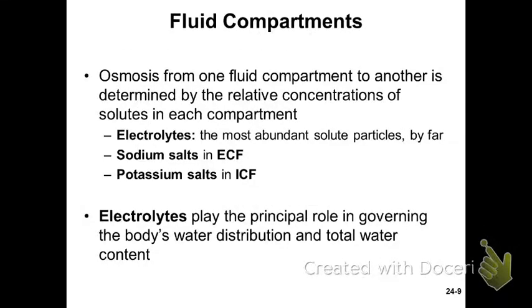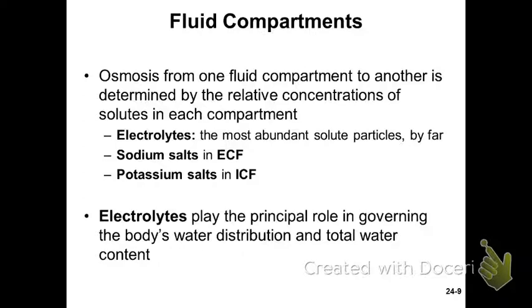Now, as water is moving, as I just mentioned, what is it that's drawing the water? And those are the solutes, all those other molecules. Now, by far, when we think about solutes, the most abundant of the solutes are the electrolytes, things like sodium and potassium and calcium and chlorine, the chloride ion. And what you need to remember right now and for quite a while is that in the extracellular fluid, by far the most abundant electrolyte is sodium and its associated salts.